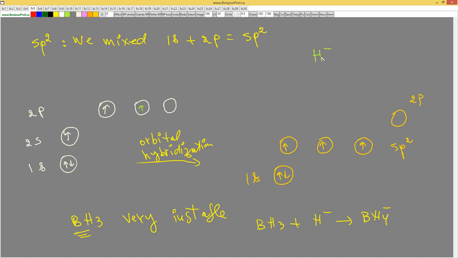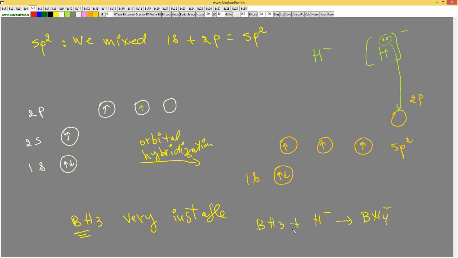H minus is a hydrogen that gains an electron, because hydrogen has only 1 electron, but if it is minus, that means he gained another electron. So he has these 2 electrons. These electrons will go here to form for us BH4 minus.